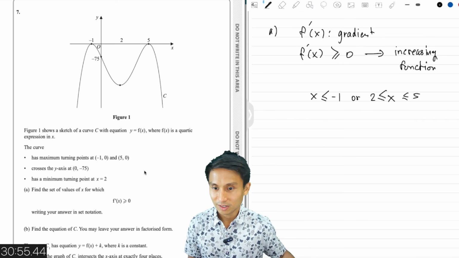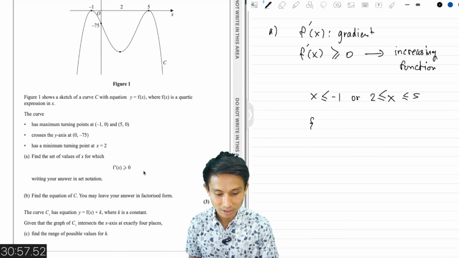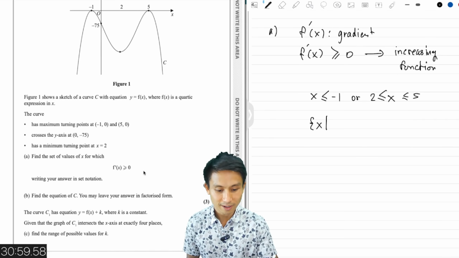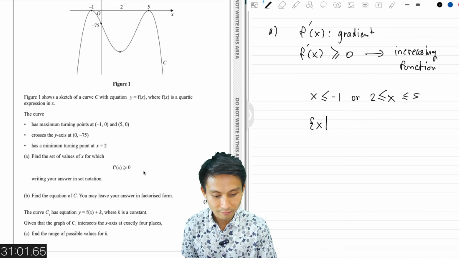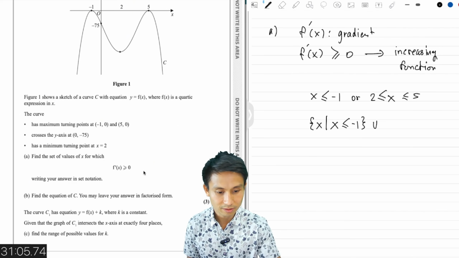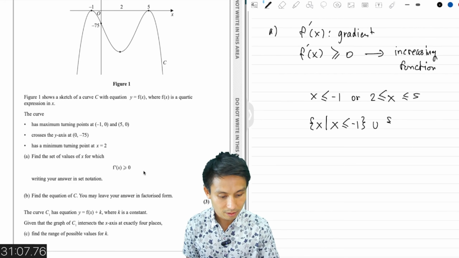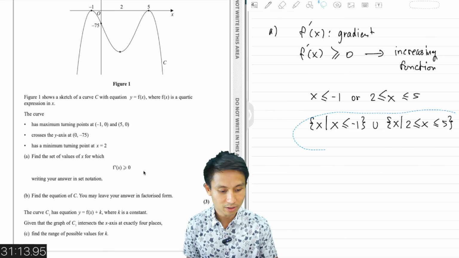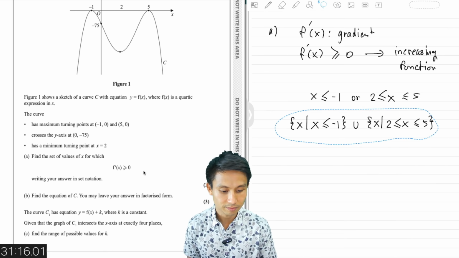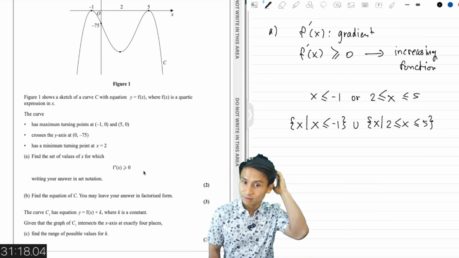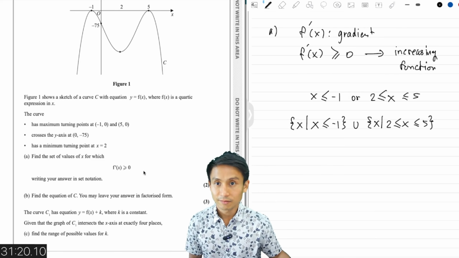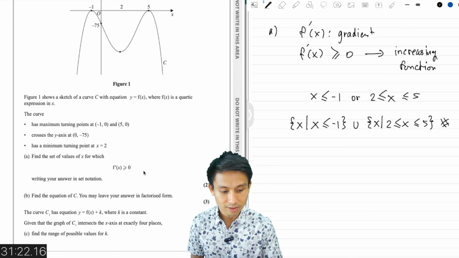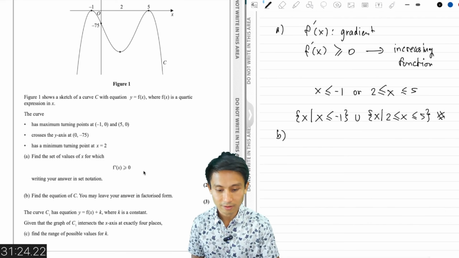So the answer would be x less than or equal to -1, union x where 2 is less than or equal to x less than or equal to 5. Yeah, you got a union there. There you go, that would be set notation for the whole thing. All right, and that's it for part A.